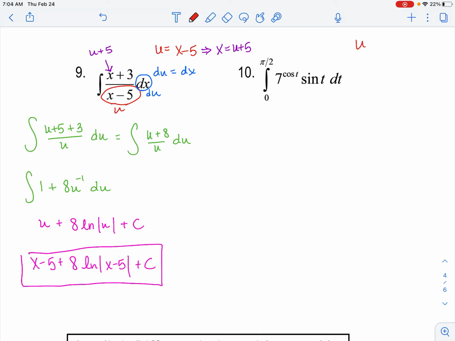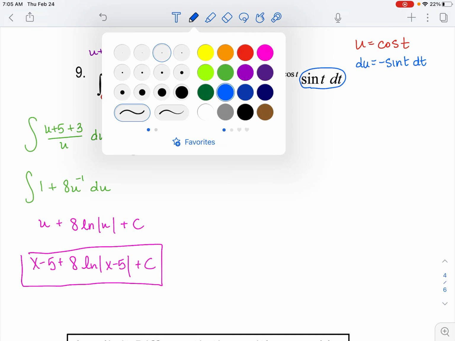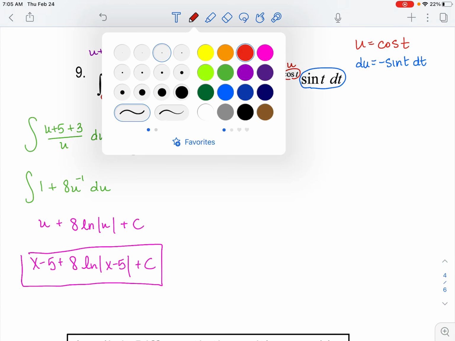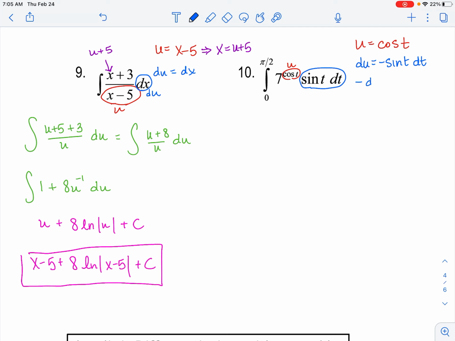So we're going to let u equal the exponent, so u is cosine t, and du then is negative sine t dt, and we have sine t dt here, but we need to get rid of that negative. So we're going to divide by negative 1, so negative du equals sine t dt, and substitute that in.